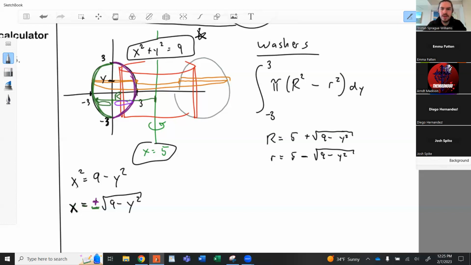And since we are setting up a dy integral, we want our x values as functions of y. So we solved for x. This square root of 9 minus y squared tells us the x values for different y inputs. That's the negative square root. And then on this side, we have the positive square root. Different x values for different y inputs.